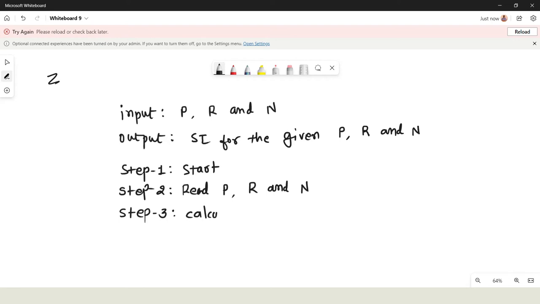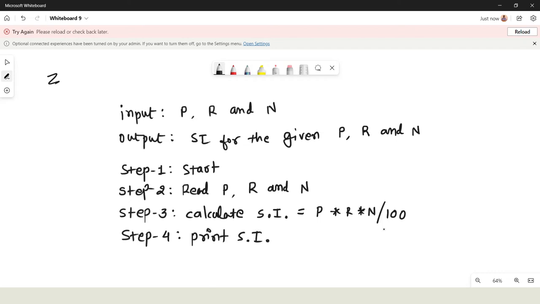Calculate SI, that is simple interest, is equal to P into R into N divided by 100. Step 4. Print simple interest. Then step 5. Stop.